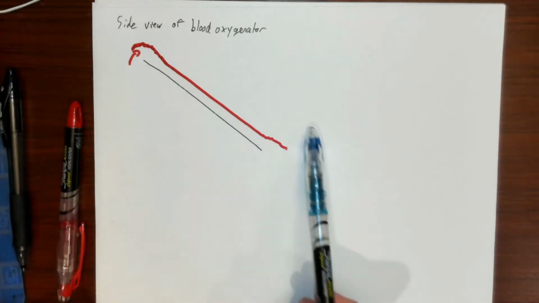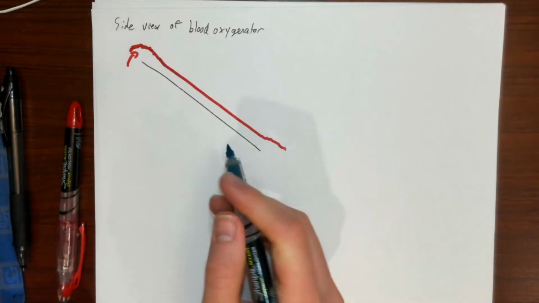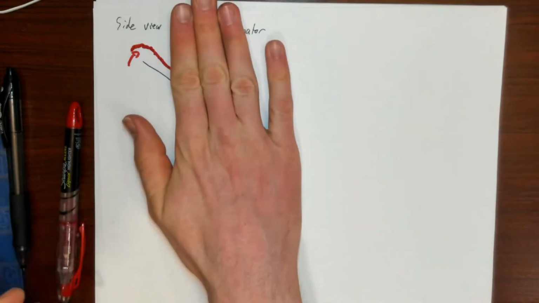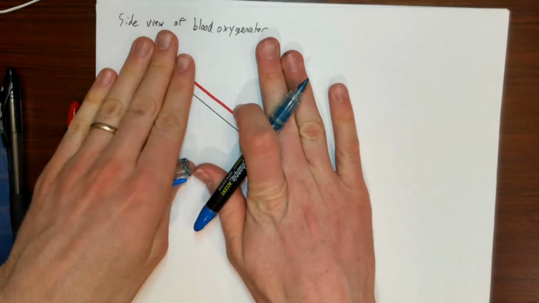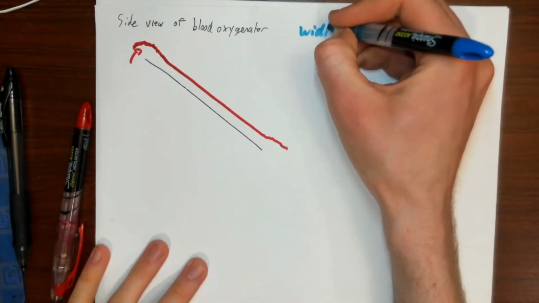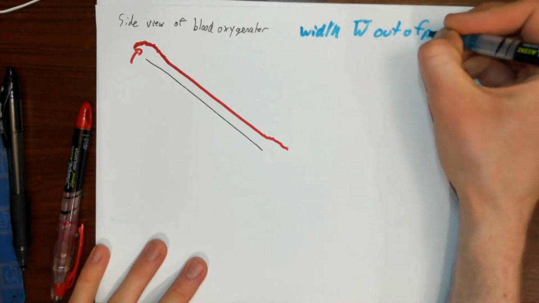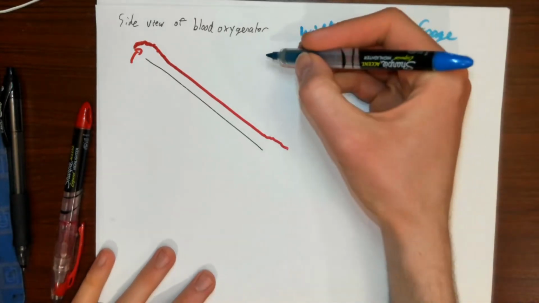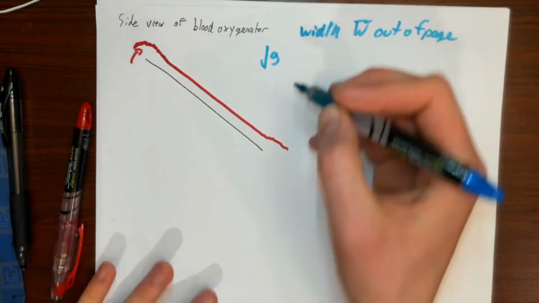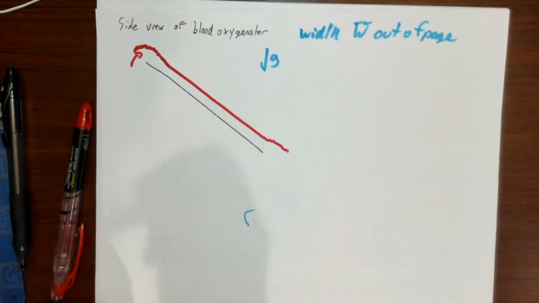So we have this system right here. And we might, for example, imagine that, if I'm looking at this in a side view, this whole system extends a width W out of the page. I might imagine that gravity is pointing down like this, right? And gravity pointing down is what's pulling this fluid down the top of the ramp.